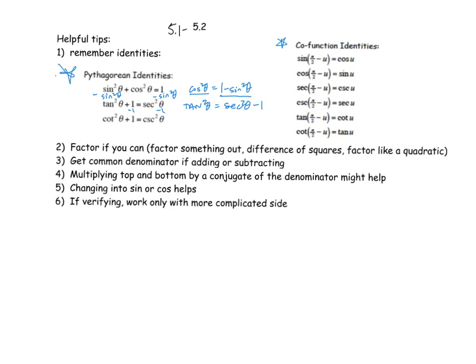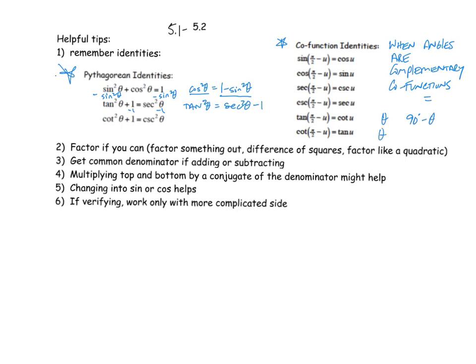The cofunction identities are also very helpful. Remember, these were when the angles are complementary. When the angles are complementary, then the cofunctions are equal. So remember, if I have an angle and I want to find its complementary angle, I would subtract from 90.